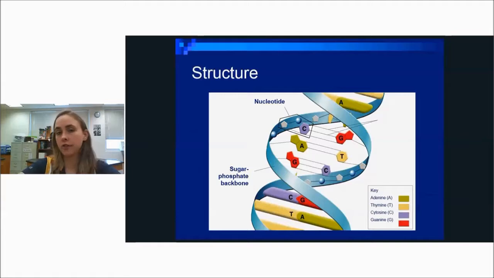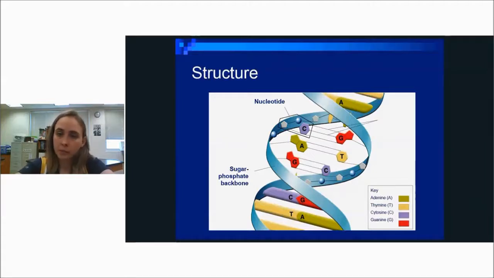This is a picture of that right now. You can see these dotted lines in between the adenine and thymine are the hydrogen bonds, and between the adenine and thymine you see 2, which is a double hydrogen bond there, and between the guanine and cytosine you see 3 lines, and those are a triple hydrogen bond between guanine and cytosine.